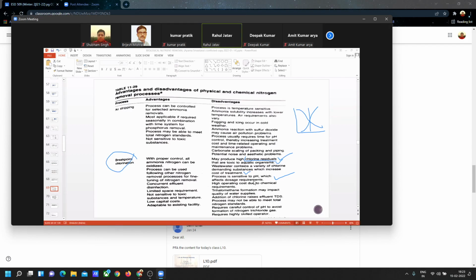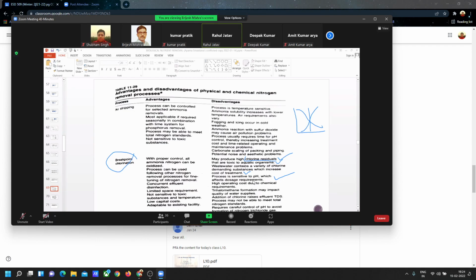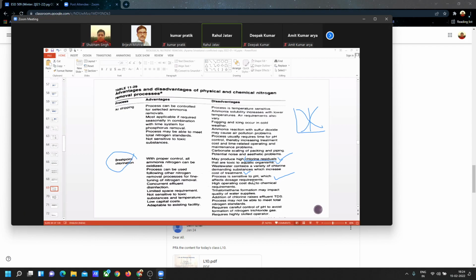So breakpoint chlorination was the chlorine dose with which we can treat whatever impurities are there. I'm talking about this figure. This is HOCl, this is OCl, and this is pH dependent.